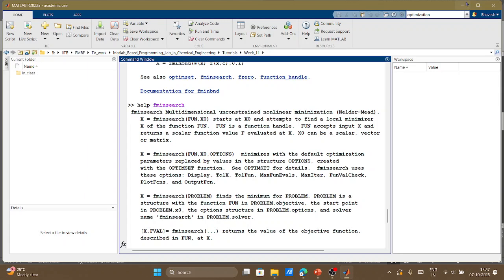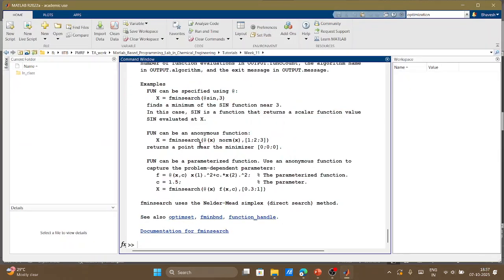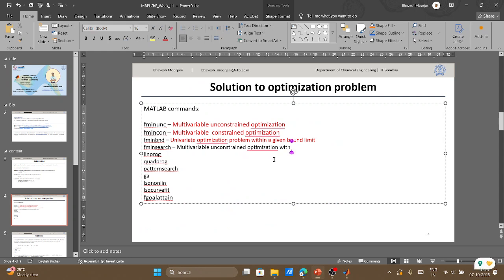So this is multivariable unconstrained optimization with the Nelder-Mead simplex method, or just simplex method. Yeah, simplex method is a well-known popular method of optimization. So this uses a simplex method.